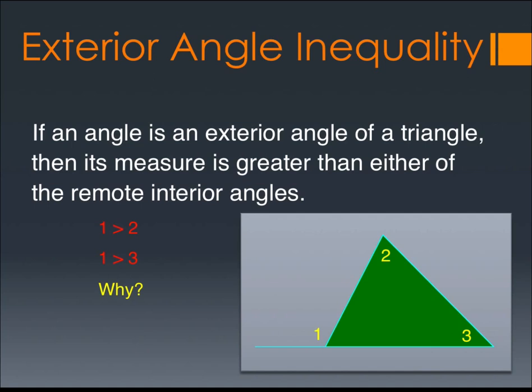Just make sure that as we continue to do things, you are able to make the distinction between the exterior angle theorem, which involves an equal sign, or the exterior inequality, which involves an inequality symbol. Are we good here?